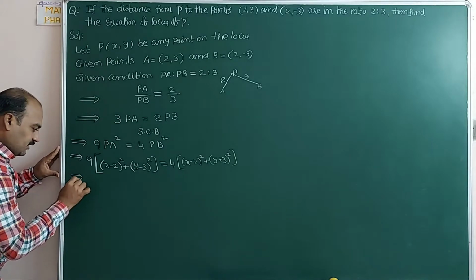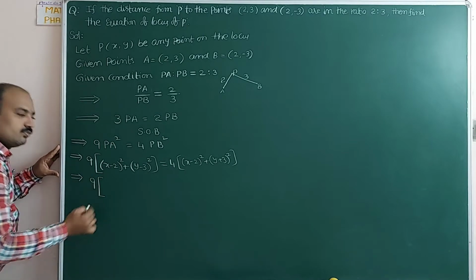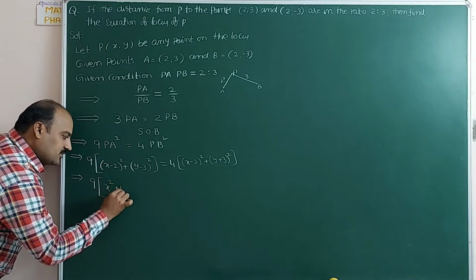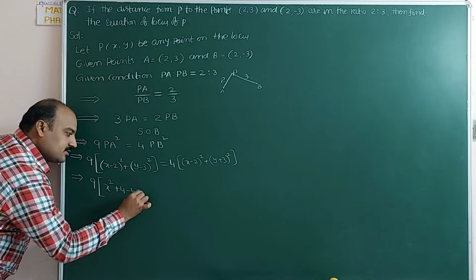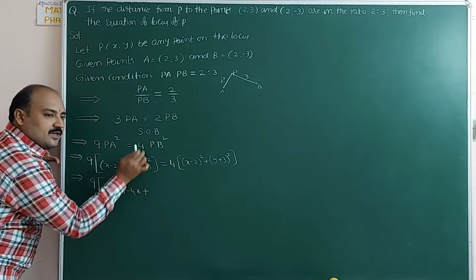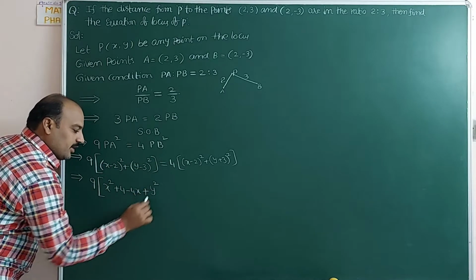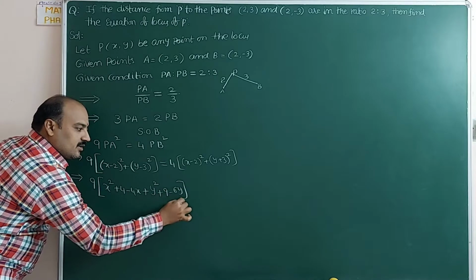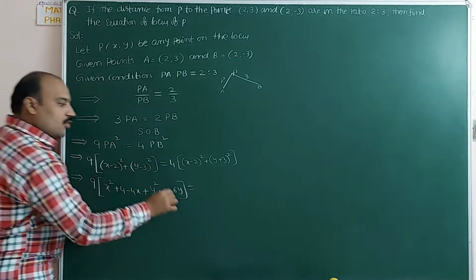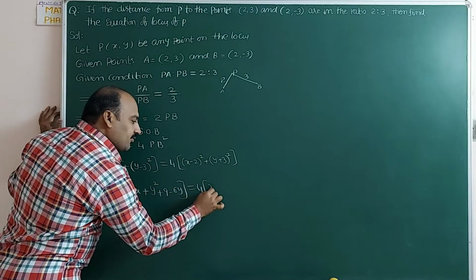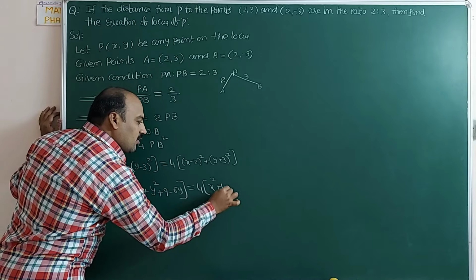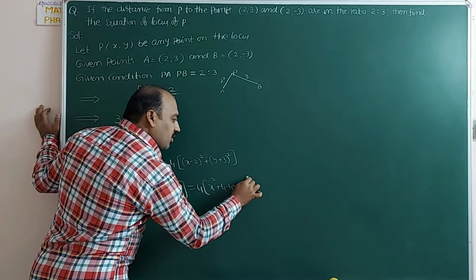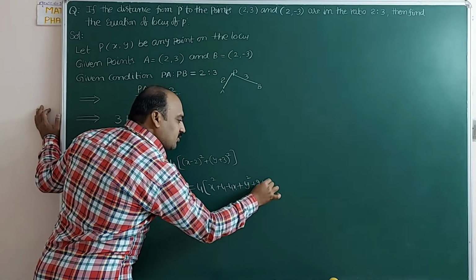So that implies 9 into (x - 2) whole square, that is x square plus 4 minus 4x, plus (y - 3) whole square, y square plus 9 minus 6y, is equal to 4 times x square plus 4 minus 4x plus (y + 3) whole square, y square plus 9 plus 6y.